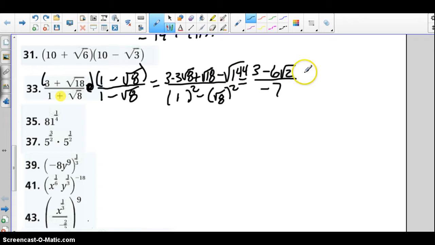Radical 18 gets simplified, and radical 144 is 12. Combine like terms.